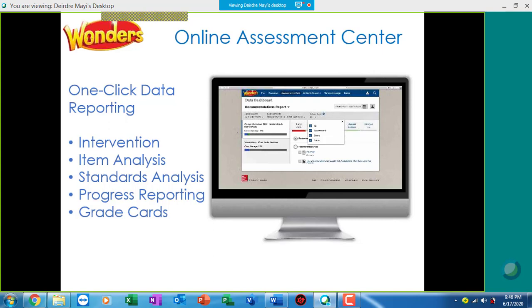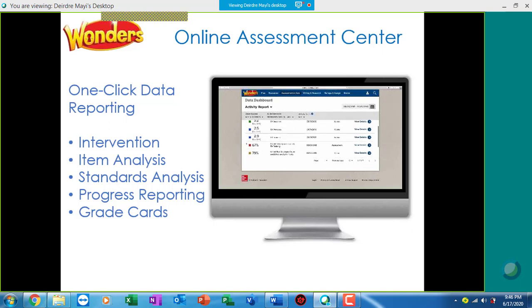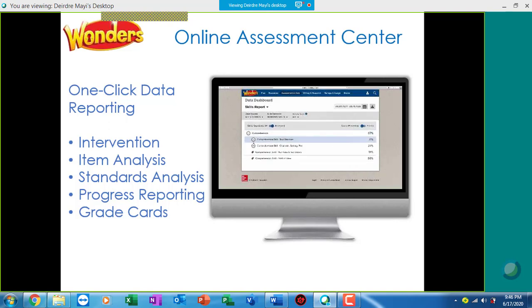If they do take them online, the information does feed into the data dashboard, which you previously saw. So if you're interested in being more data-driven, perhaps online assessment is something that you want to work towards sooner rather than later. But that decision is yours and yours alone.